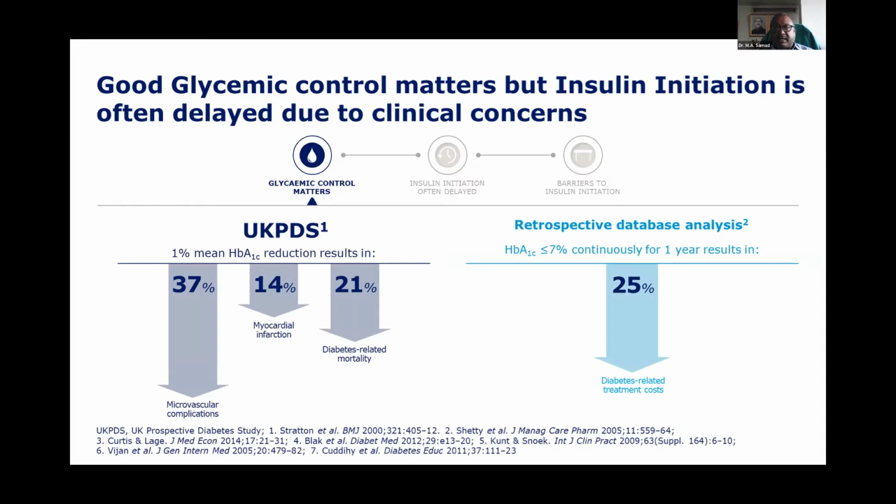This is very significant. And retrospective database analysis also showed that diabetes-related treatment costs can be lowered by 25% if you can keep hemoglobin A1c below 7 continuously for 1 year.